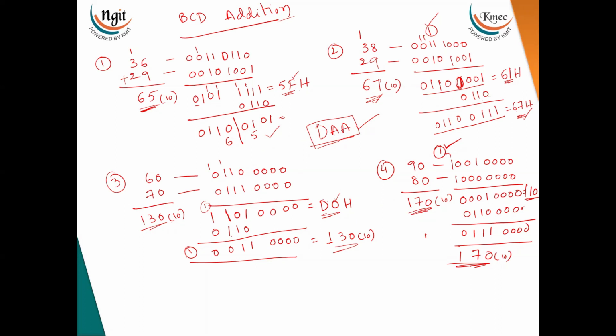If it is greater than 9, or if auxiliary carry is generated, it will add 6 to the lower nibble. If the higher nibble is greater than 9, or if carry is generated, it will add 6 to the higher nibble, and it will convert the hexadecimal to the decimal value. So this is about the DA. DA is a very, very important instruction.